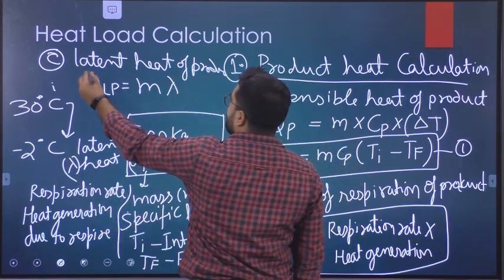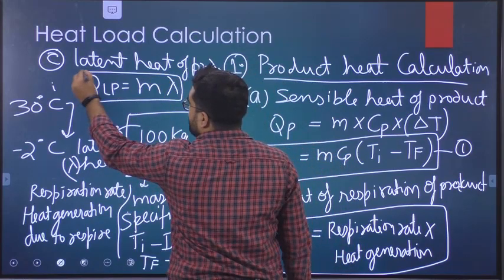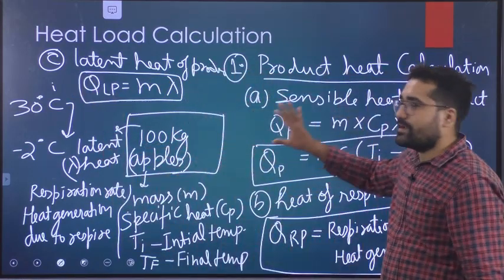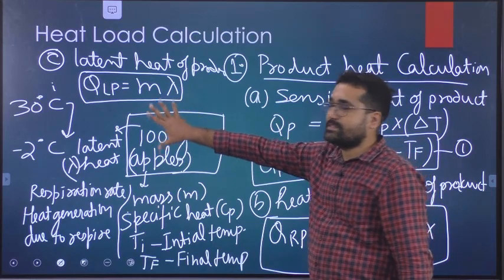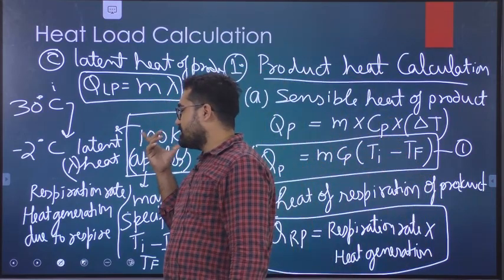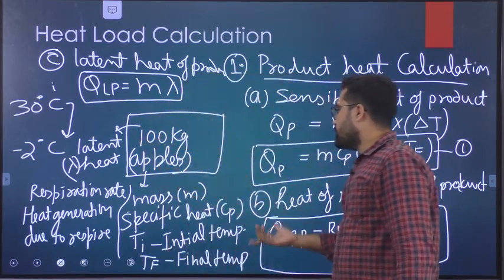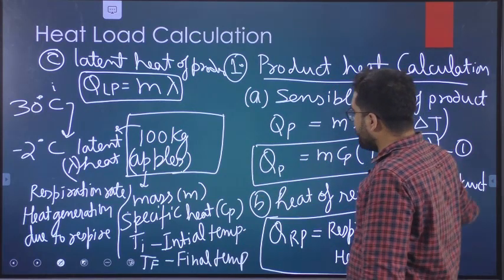So these are the three heats we need to calculate for our product. In this case, apples. So for 100 kgs of apple we need to find out these three things.